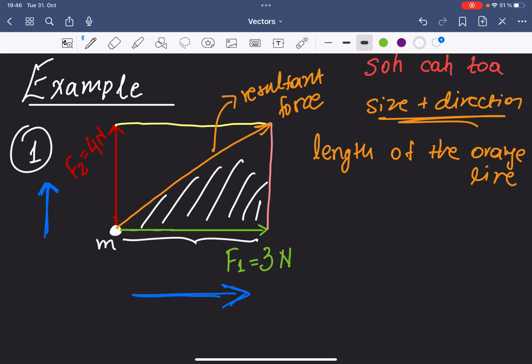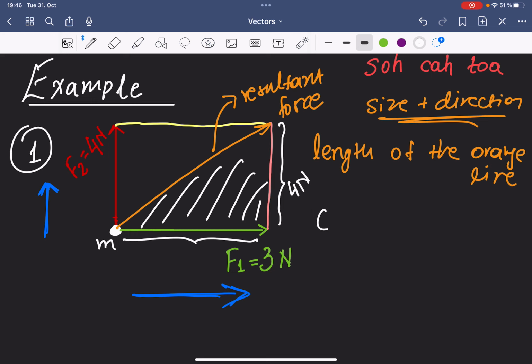And we know the length of the pink line because it's the same length as F2. So this length here is going to be 4 newtons. This is 3 newtons, and all we want to calculate is this side, and this is the resultant force. So this length, according to the Pythagorean theorem, is going to be as follows. This is the hypotenuse, right?